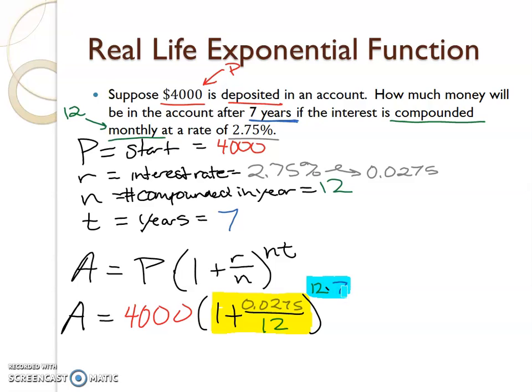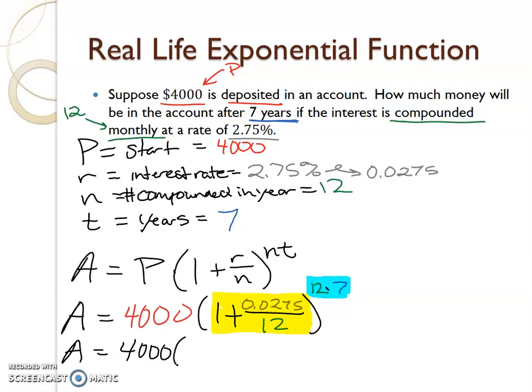And then I plug that in my calculator. So when I do this, I'd write A equals 4,000. And then in parentheses, I would do what is 1 plus 0.0275 divided by 12. Okay, it just makes it so there's fewer spots for you to make mistakes.